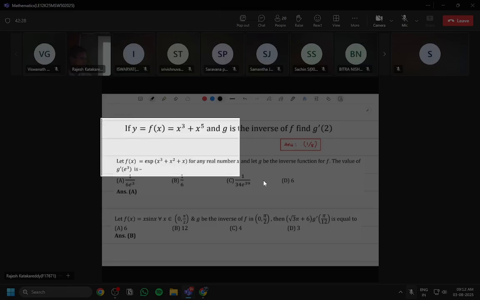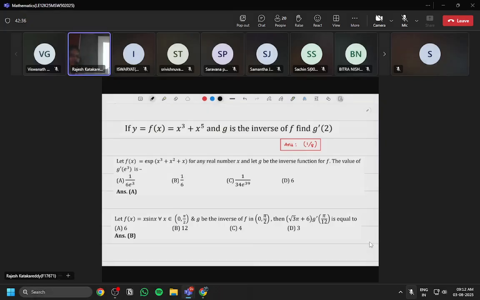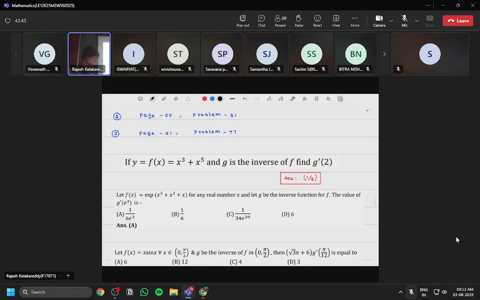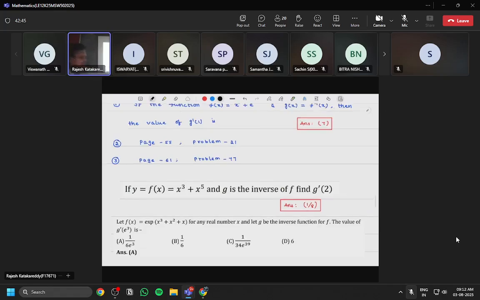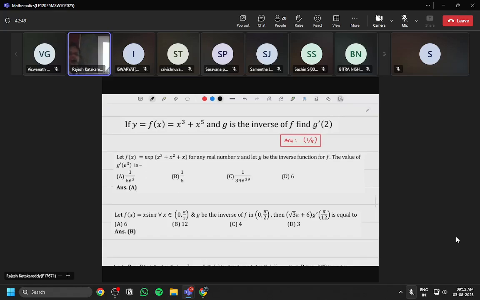If you are not able to see them, just let me know, I'll read. Did you mark these two in our module? If you are not able to see them, please note it down.